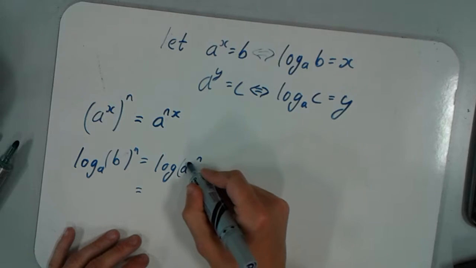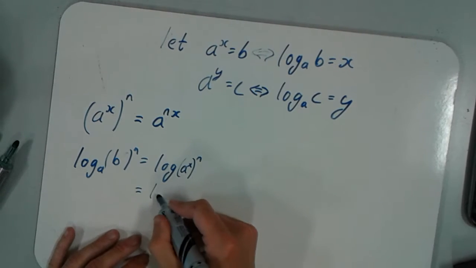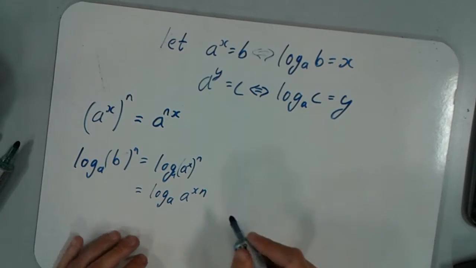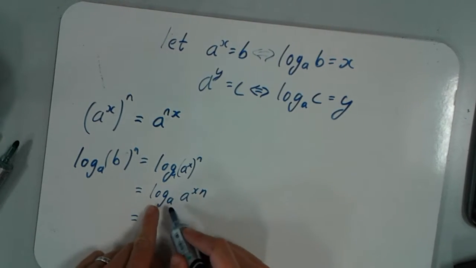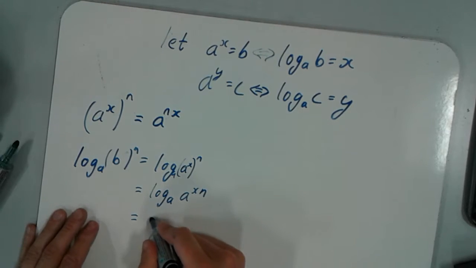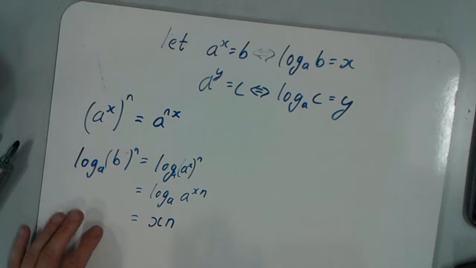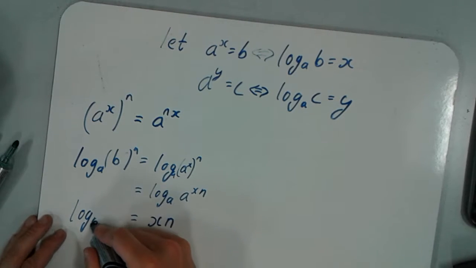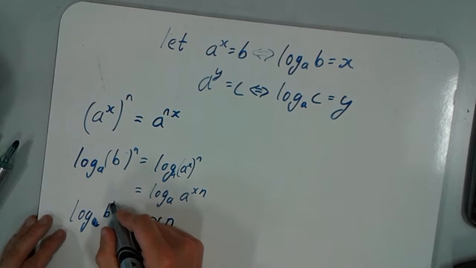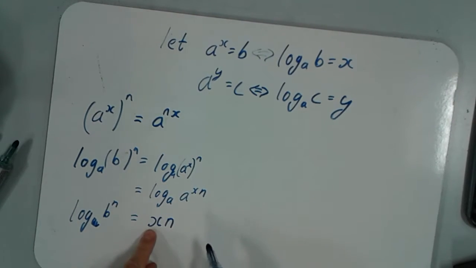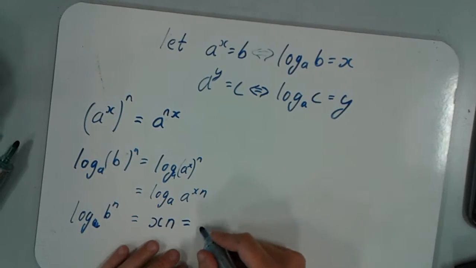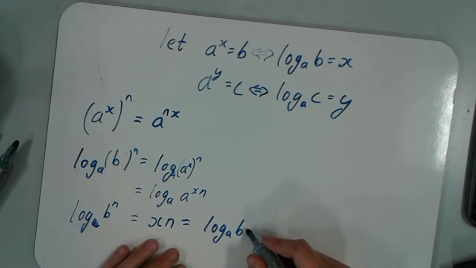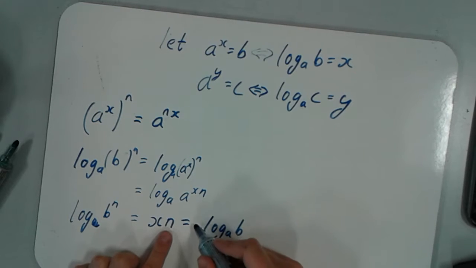Rewriting that, remember, log base a of a will cancel. xn would equal log base a of b to the power n, and we know that our x was log base a of b, but we've got n lots of it.